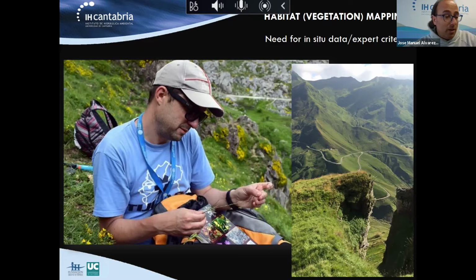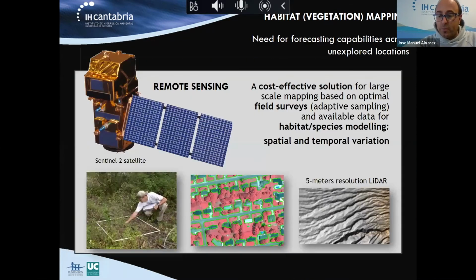In the picture appears my colleague Borja Jiménez-Alfaro, maybe one of my closest collaborators, a botanist with great knowledge of the landscape and vegetation patterns. We combine that expert knowledge on vegetation with expert knowledge on remote sensing and spatial modeling to arrive, as you will see, at landscape management.